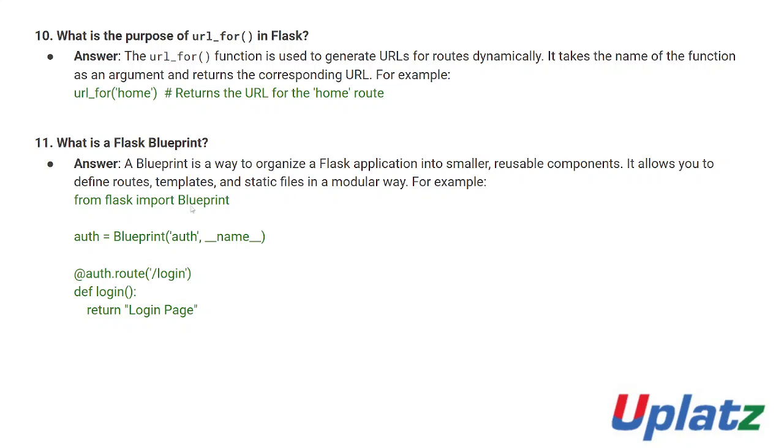For example, from flask import Blueprint. auth = Blueprint('auth', __name__). Now @auth.route('/login'). Now def login(): return 'Login page'.